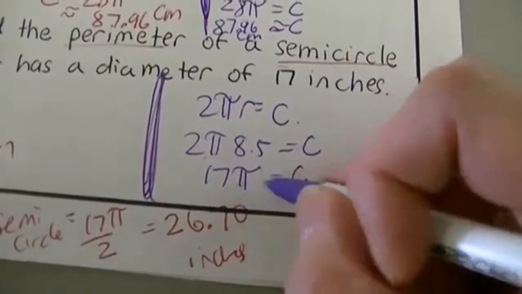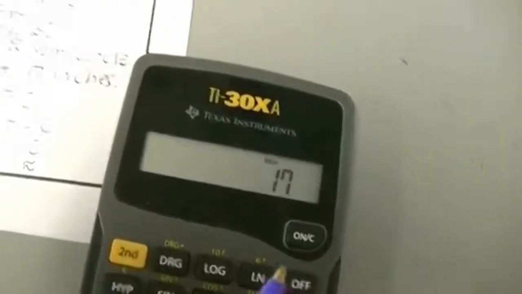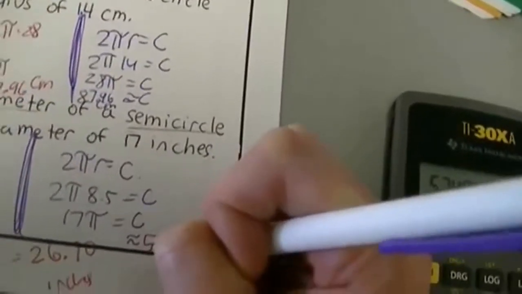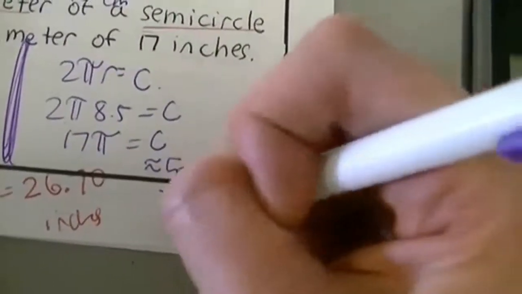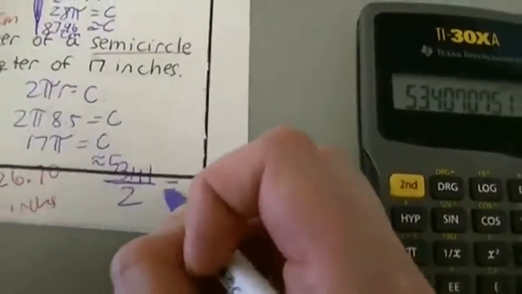So let's go ahead and figure this out. 17 pi is, I forgot, 53.41. That's for the full circle's circumference, so we've got to divide it by 2. Now I still have it in my calculator, so I'm just going to divide by 2.